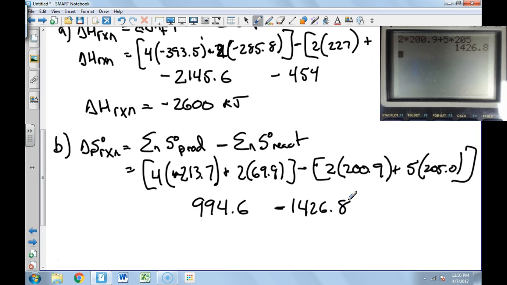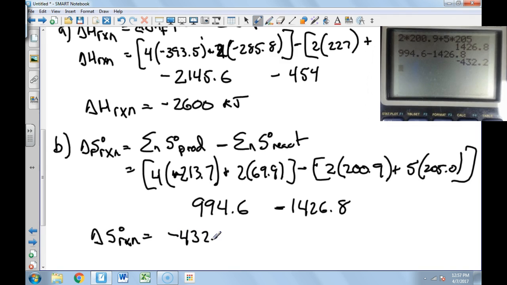So now we can take these and do the math and get the final delta S naught of the reaction. And so we get negative 432.2, and that's in joules per Kelvin.